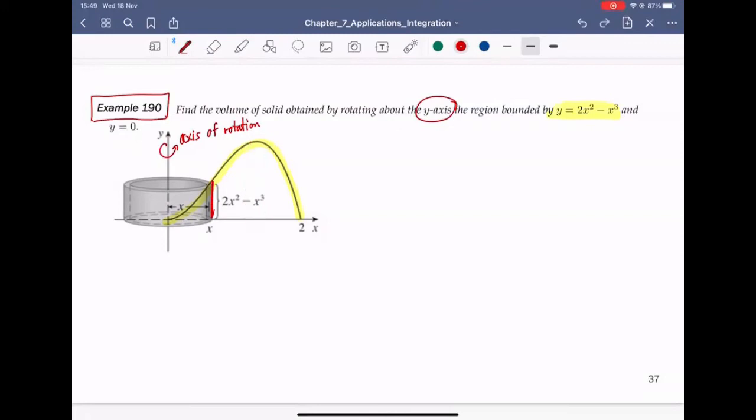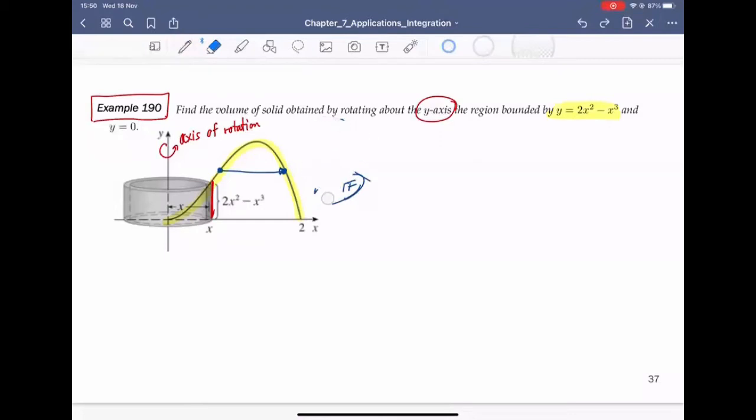Because if you do the horizontal line, the right-hand side curve is going to be this one, the left-hand side curve is going to be this one, and because you have y equals 2x squared minus x cubed, what is x in terms of y? No, right? How can you switch this function into x as some function of y, and then do this minus this? No way. This is way too hard.